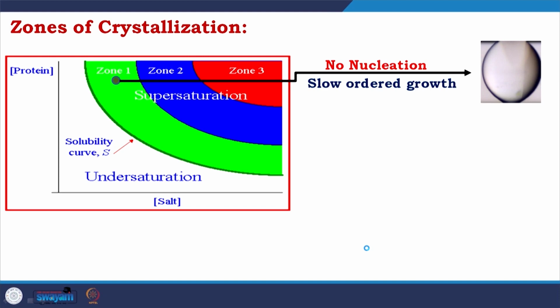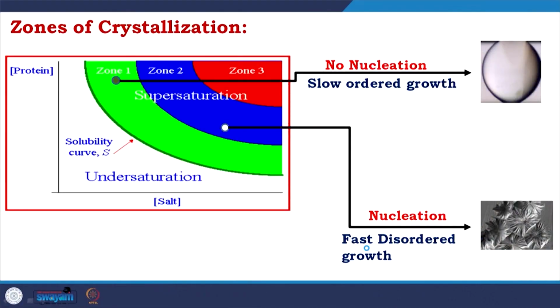The other one is nucleation, so in most cases a lot of nucleation, so you have disordered growth first. It's not essential that every time you get disordered growth, sometimes when the growth is actually very slow, you might get ordered growth here, but it's not in your control. So you see the difference.